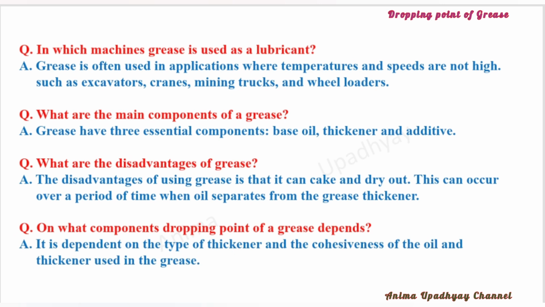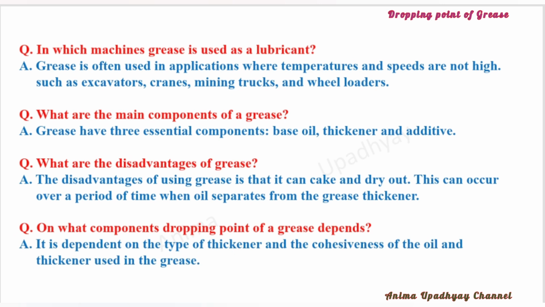Grease is often used in applications where temperatures and speeds are not high. That is, grease is used in the machines working at low speeds and at low temperatures, such as excavators, cranes, mining trucks, and wheel loaders.